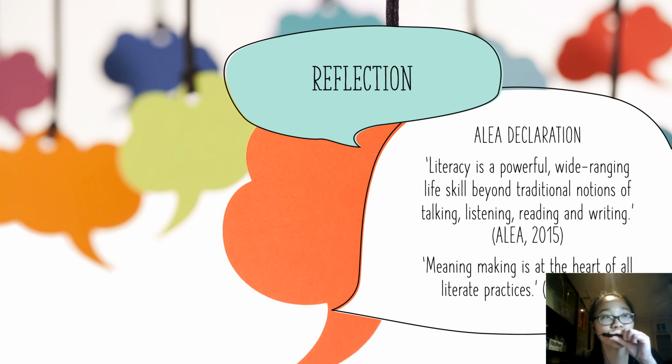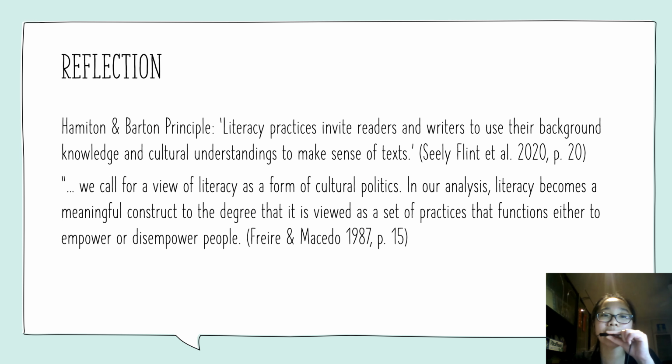It's also true because my students use their own experiences in order to make sense of what the boy is feeling. I chose Hamilton and Barton's principle, which is to use background knowledge and cultural understandings to make sense of text. In this case, my students use their own experiences in order to make sense of what the boy's emotions are.